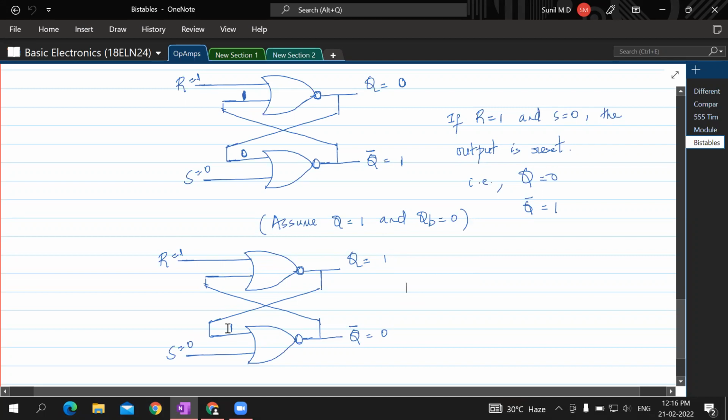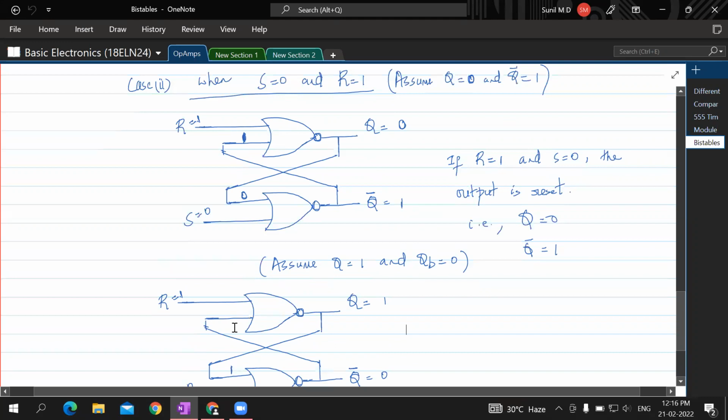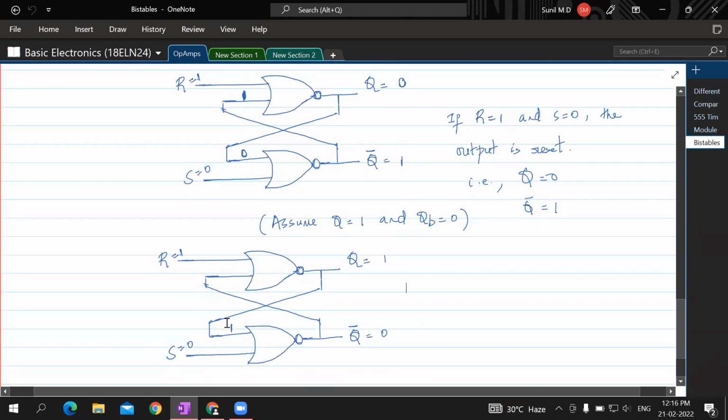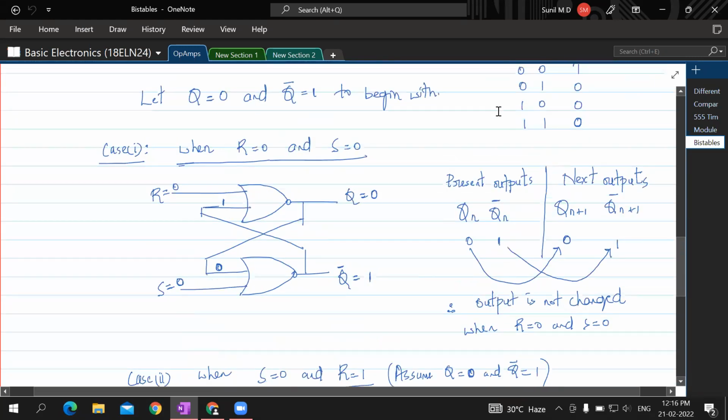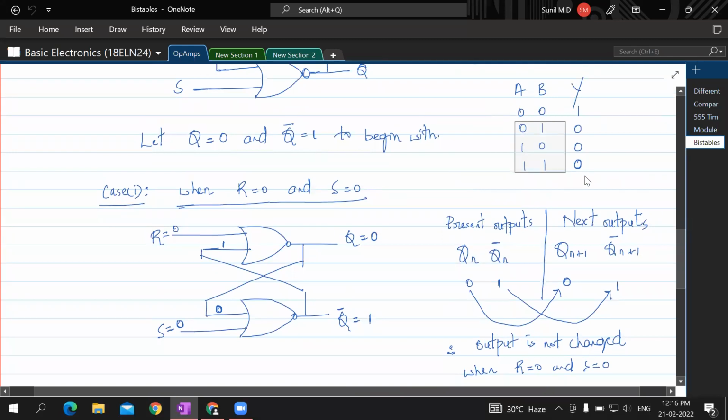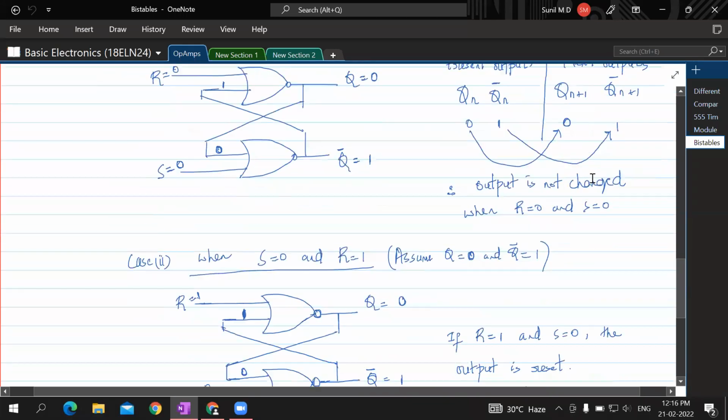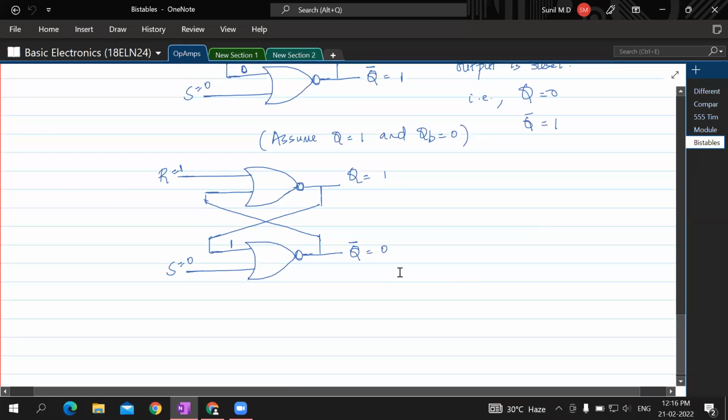Fine. So if any of the inputs is 1, what happens to the output? It is 0. So Q would be 0.